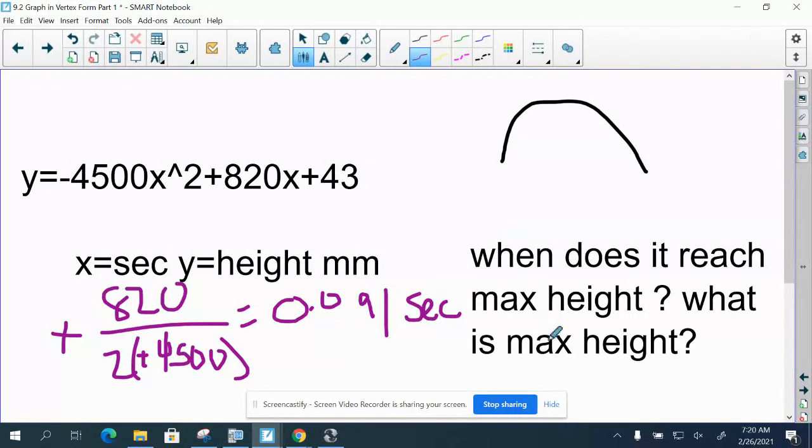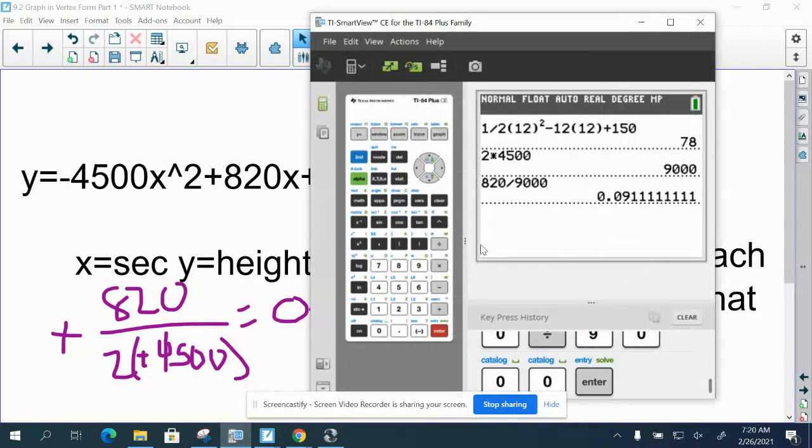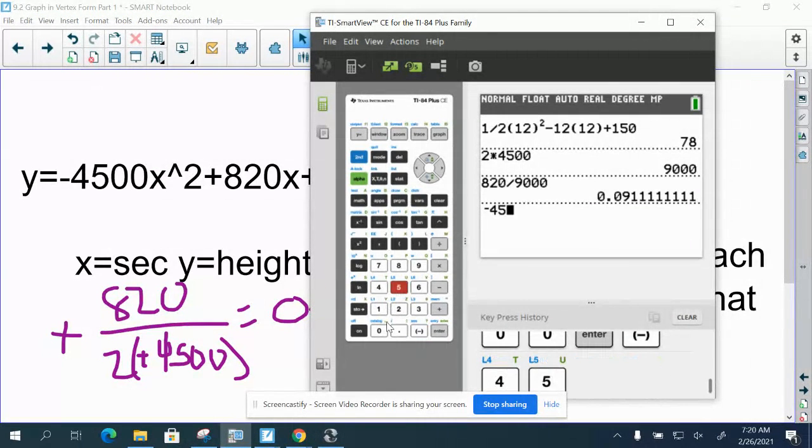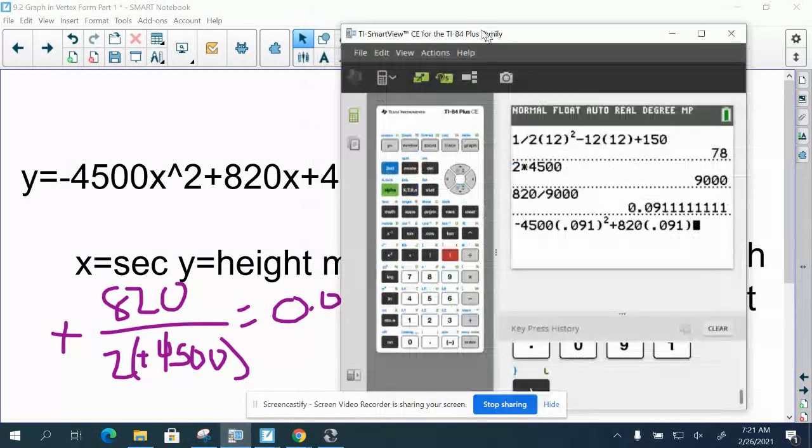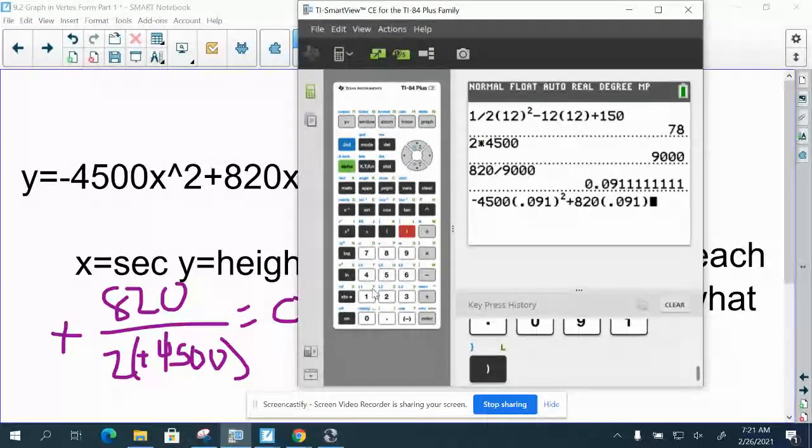And then to figure out the maximum height, we would plug 0.091 back in for x. So I would do negative 4,500 times 0.091 squared plus 820 times 0.091 plus 43.